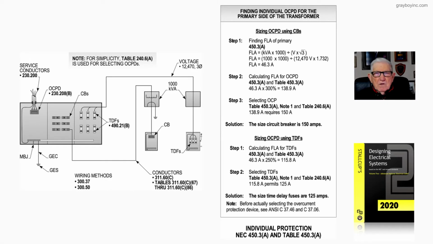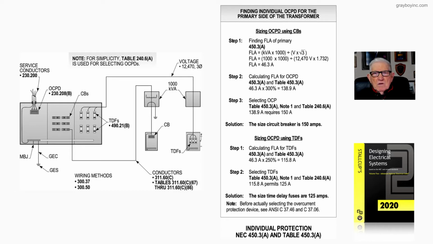Now this figure 20-7 deals with sizing the overcurrent protection device using fuses or circuit breakers when you're going to provide individual protection in the primary.